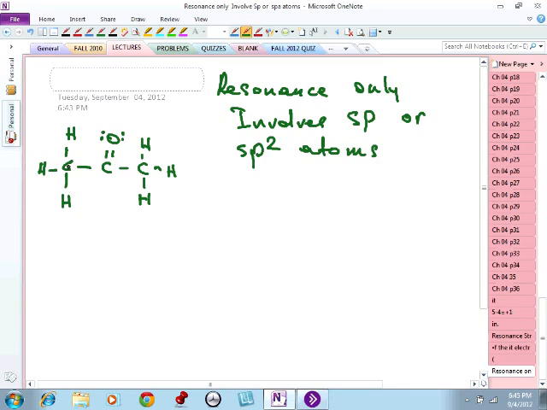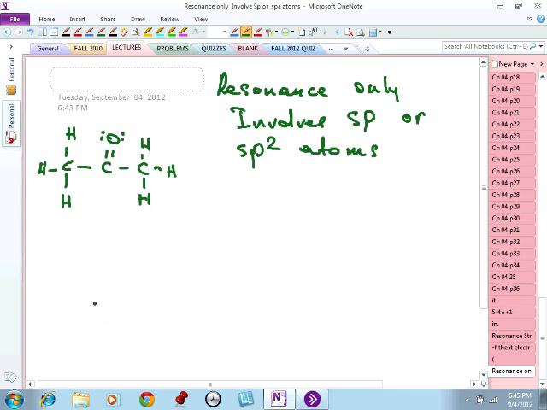And that is why this carbon here does not have a p orbital available to it. So we cannot move electron to this carbon. Neither can we move electron to this carbon, because those are sp3 carbon atoms. So the only atoms that will be involved in resonance will be this carbon here, and this oxygen. Okay? That is very important.